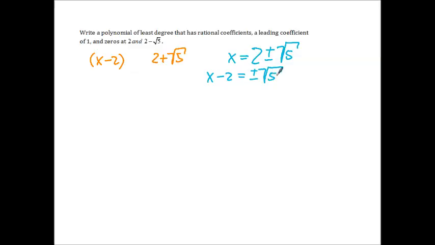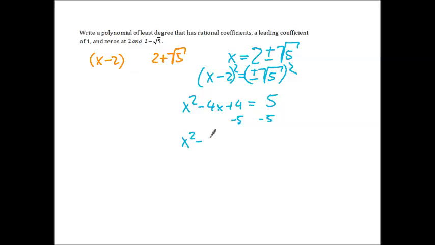And now we can go ahead and square both sides. When we square the left and we FOIL it, we get x squared minus 4x plus 4. And on the right, we get 5. No more plus or minus, because squares always have to be positive. Move the 5 to the other side, so we get equal to 0.